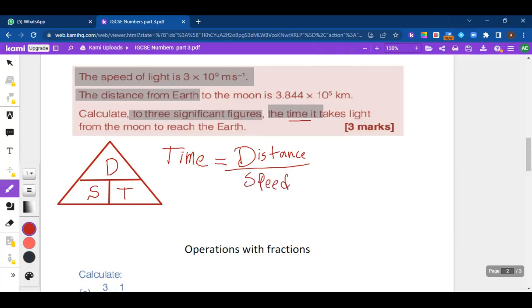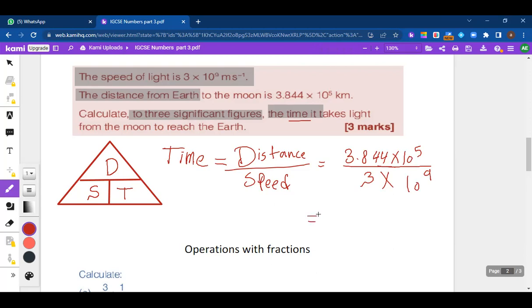Then the distance is here: 3.844 times 10 to the 5th power over 3 times 10 to the 9th power. Then use the calculator to find it.